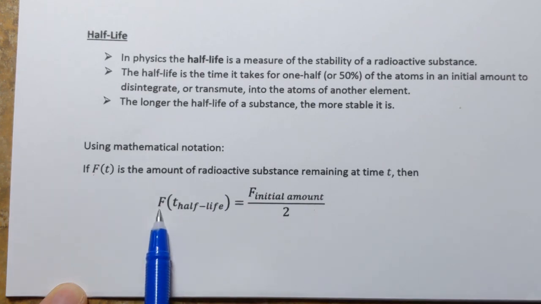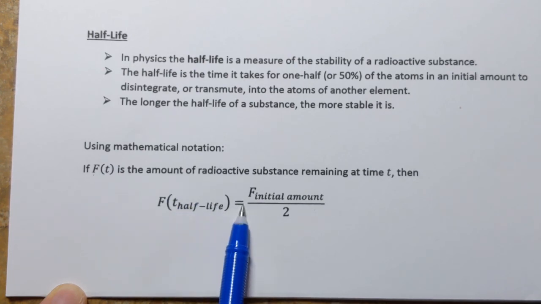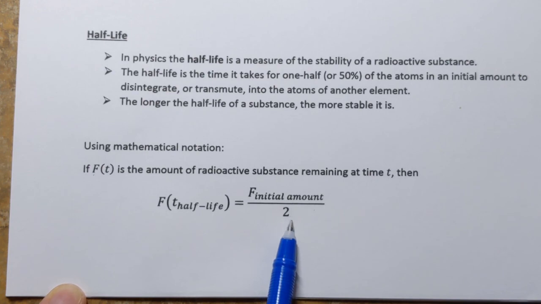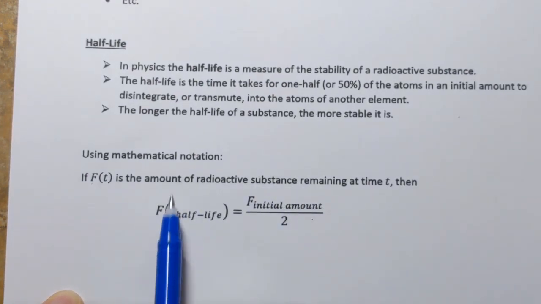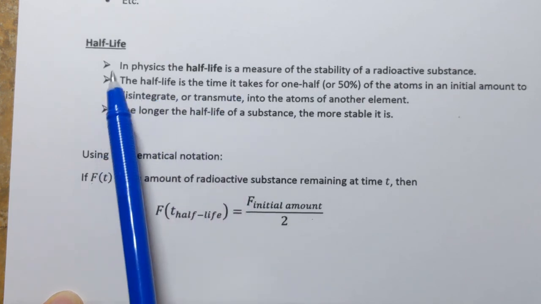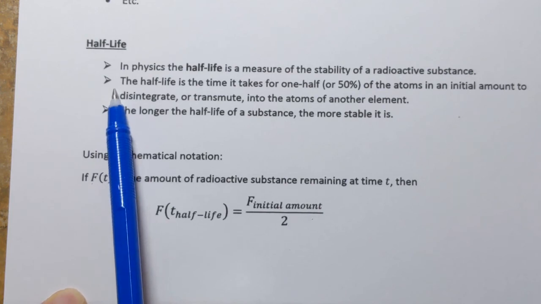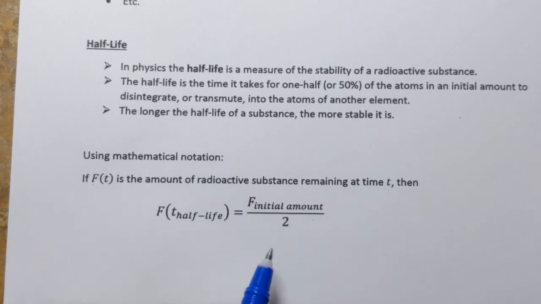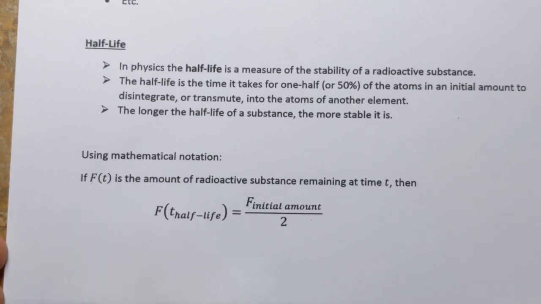The function value at t, which is the half-life, equals the initial amount of that radioactive substance divided by 2. That is the mathematical notation that corresponds to the definition of half-life, specifically that second bullet point, the straightforward definition. So that's how you can connect things together using mathematical notation if you're doing an example with half-life.